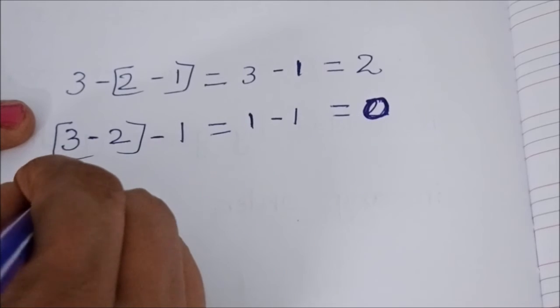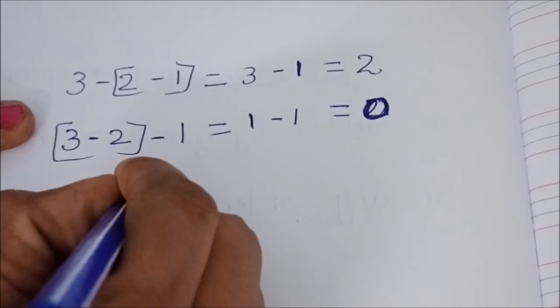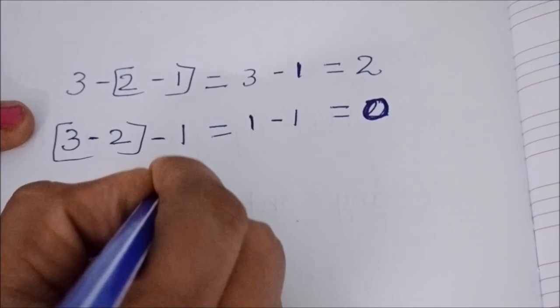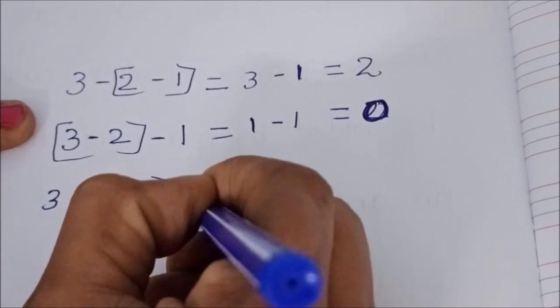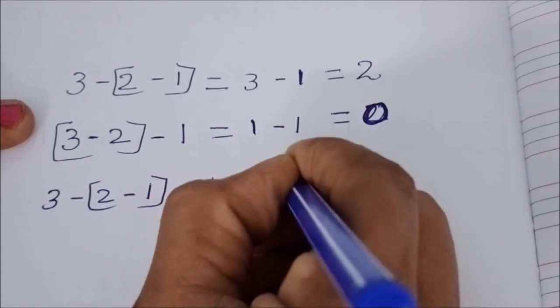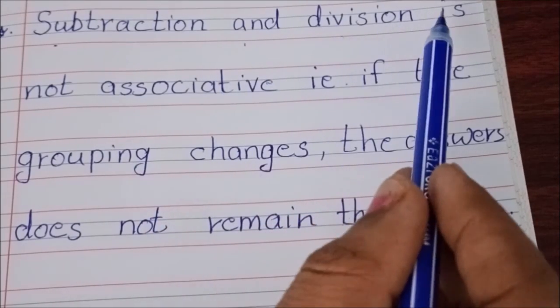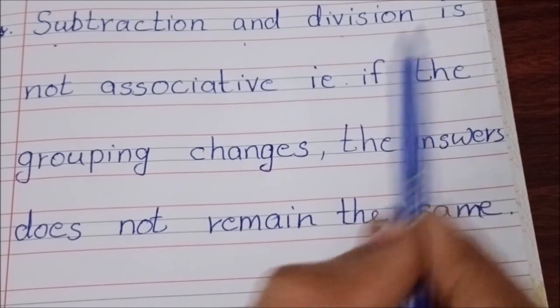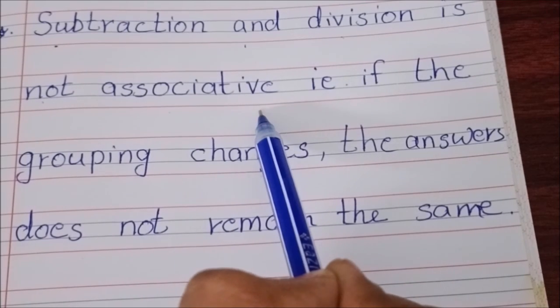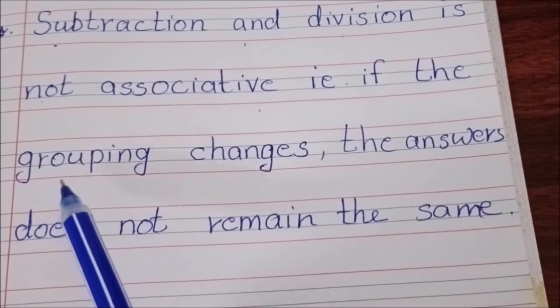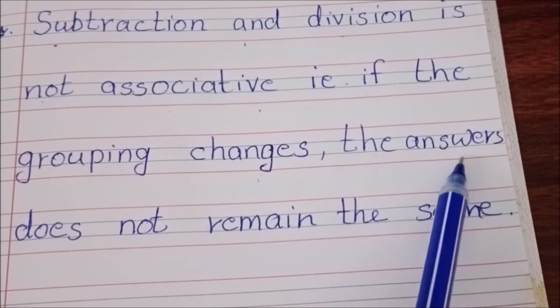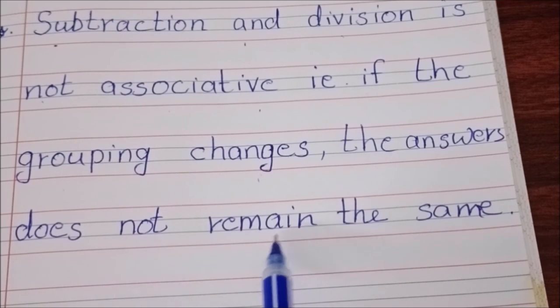That means 3 minus 2 minus 1 is not equal to 3 minus 2 minus 1, which means subtraction and division of all numbers are not associative. If the grouping changes, the answer does not remain the same. Okay?